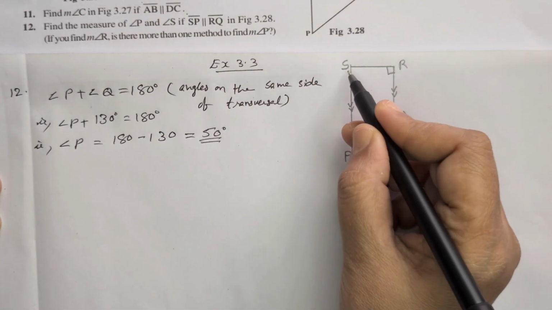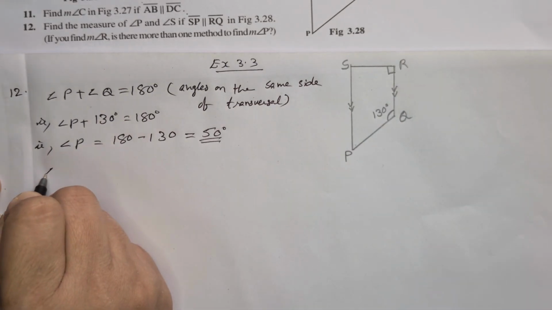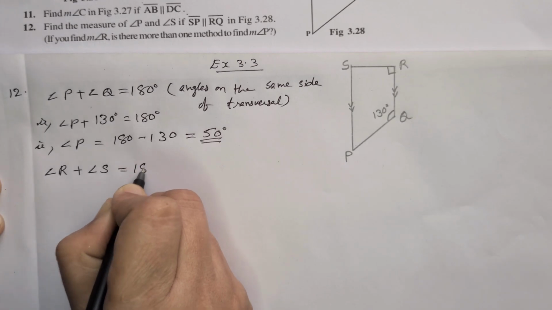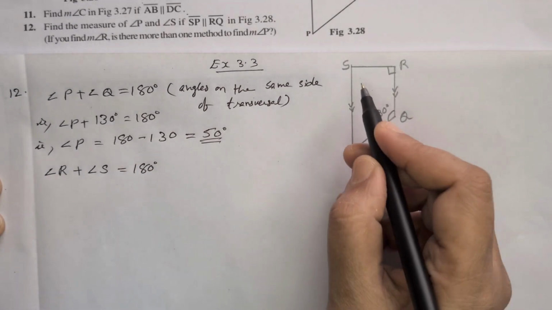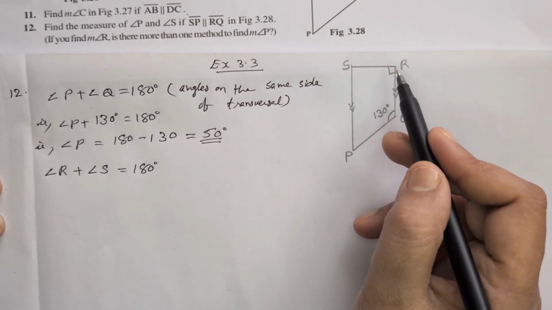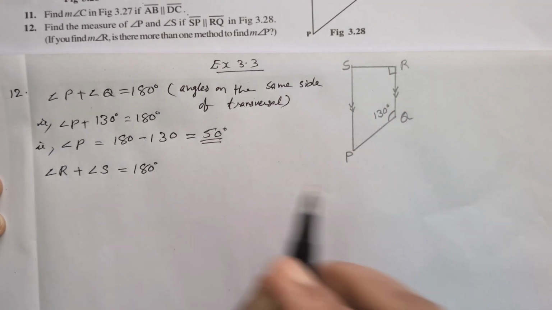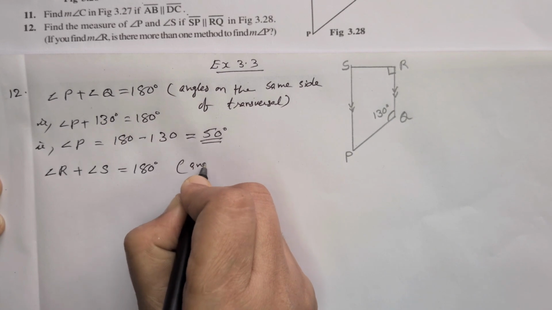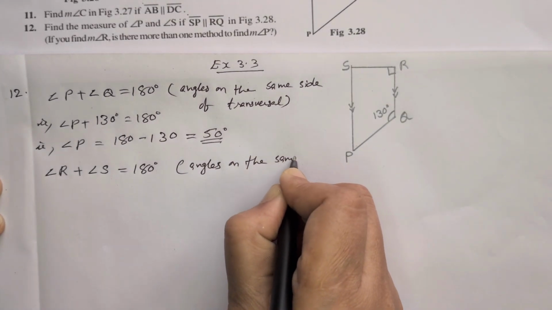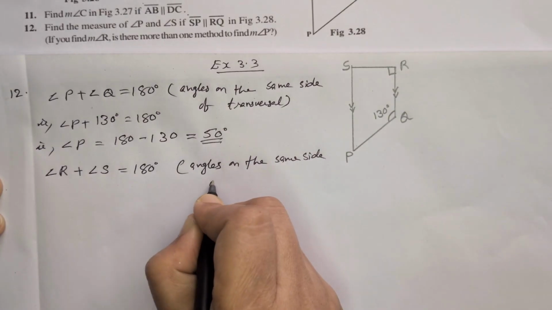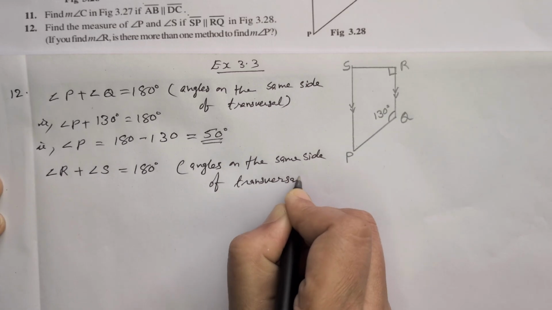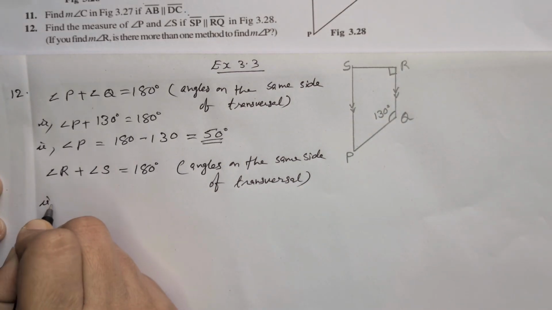In the same way for S and R, we can write angle R plus angle S is equal to 180 degrees. Same reason: these two lines are parallel and SR is the transversal. So we can write angles on the same side of the transversal.